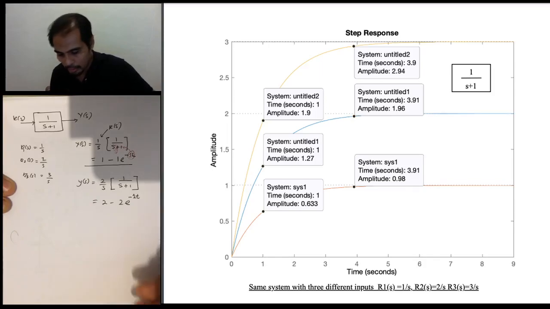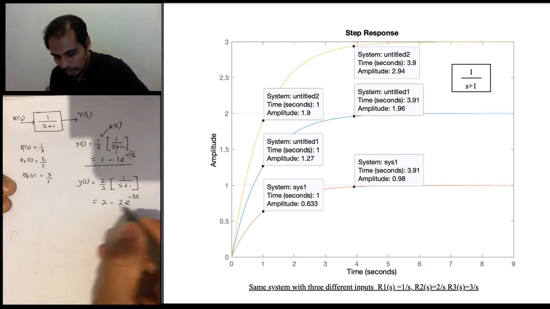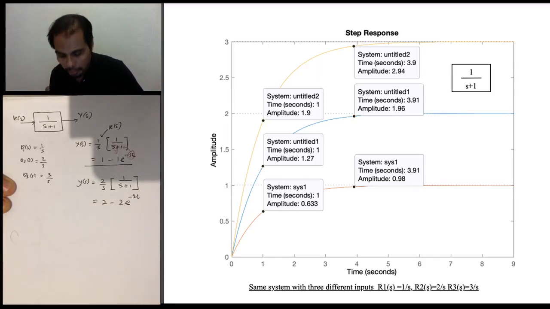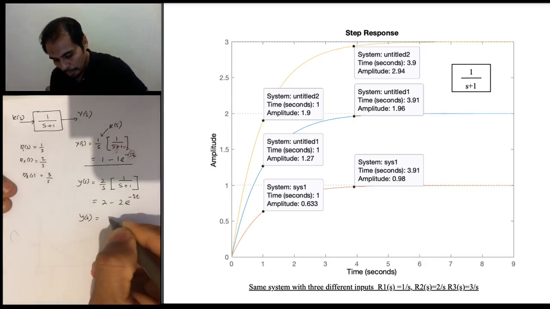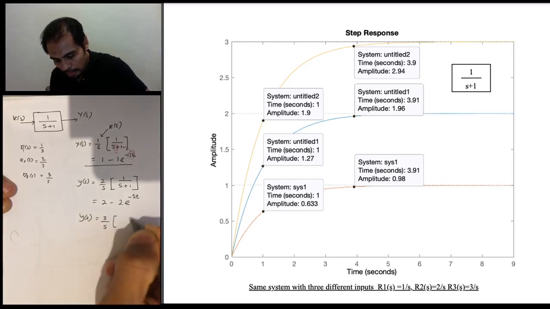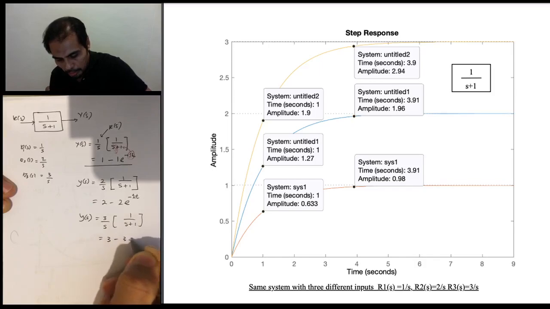In terms of the time constant tau, rise time, and settling time, they will be the same. And trying 3 over s with 1 over s plus 1 gives 3 minus 3e to the minus 1t.